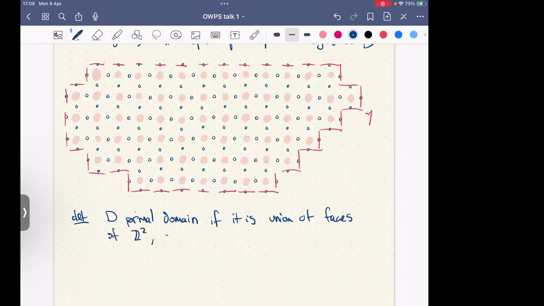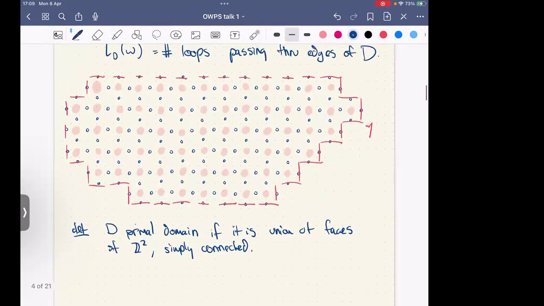And we're going to add that it is simply connected. So no holes in them. Okay, so here's an example in the drawing. Jakob had a black and white coloring for his faces of L. And here I've added that in. One of them's red and one of them's not colored. And we've just taken the union of those which are red. Okay. Or you can think about it as just a union of faces of Z2.